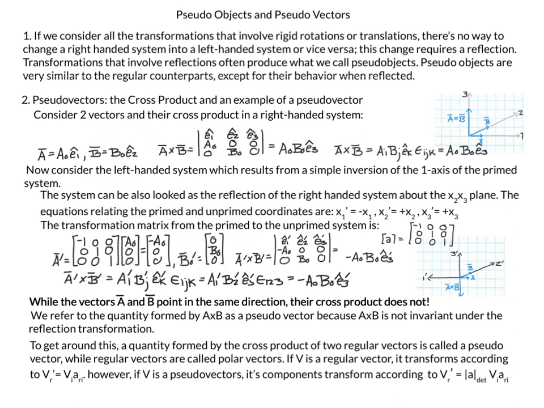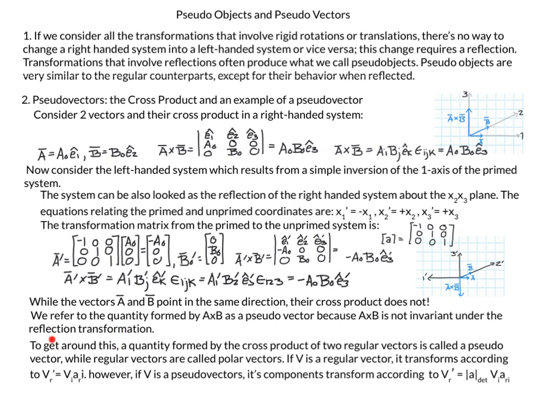When we take the cross product now, we'll get negative A naught, B naught, E3, which is exactly the negative of our cross product in the right-handed system. So you see these don't match. While the vectors A and B point in the same direction, their cross product does not, which is sort of a problem. And so we refer to the cross product as a pseudovector because A cross B is not invariant under the reflection transformation.